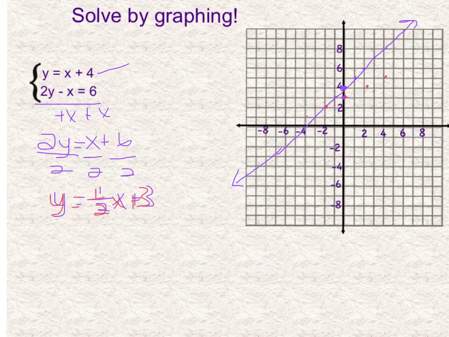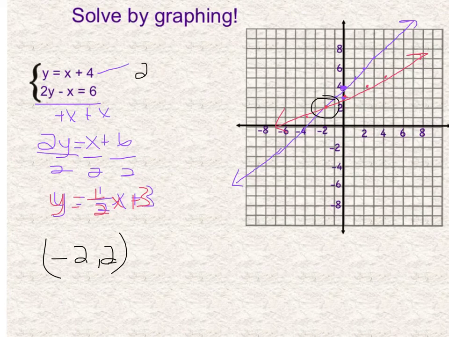So I can see already that point of intersection. It is right here at (-2, 2). So I'm going to plug that in to both equations to see if it works, because I think this is my equation, but I don't know that for a fact.